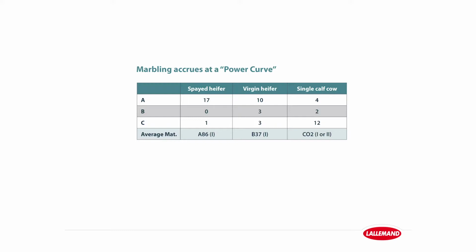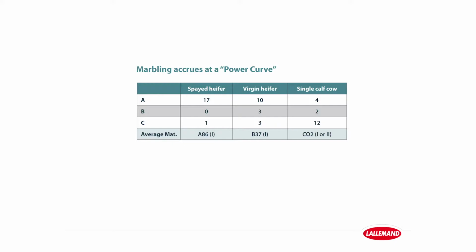The virgin heifers were younger than the single calf cows, but older than the spayed heifers. And so you've got to realize that every 21 days that heifer went through estrus. And so there's a peak and a valley, and a peak and a valley. Every 21 days there would have been a spike of estrogen coursing through her body, and that would have increased her bone maturity.